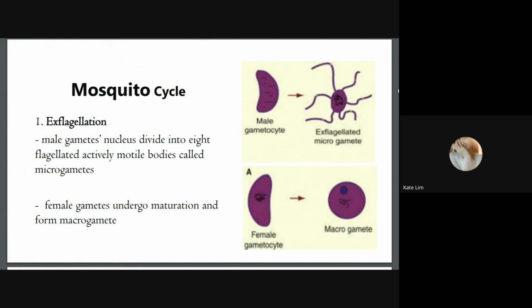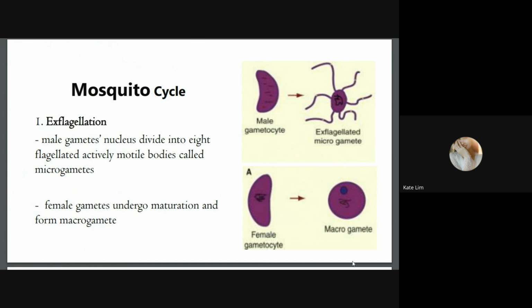Take note that when the male gametocyte undergoes exflagellation, it becomes microgametes. Please take note again, in parasitology, usually the males are smaller compared to the females. Therefore, your female gametocytes, when they undergo maturation, will become macrogametes.